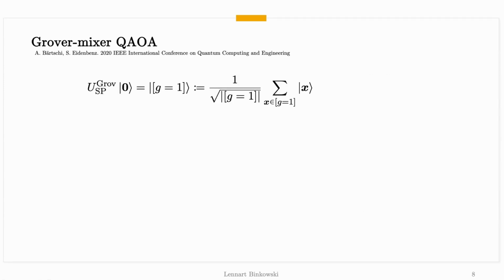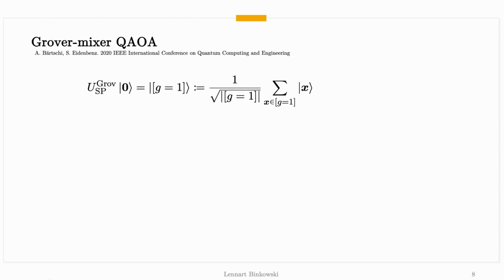Now that we have discussed the possible convergence of QAOA, let's discuss a framework which often offers this notion of convergence, which is the Grover-Mixer QAOA, which was also presented at IEEE Quantum Week 5 years ago, and which has as its main idea to retrace the mixer design to the design of a state preparation circuit for all feasible states.